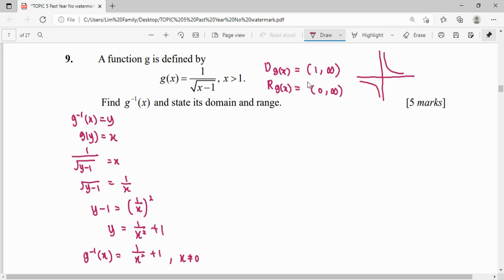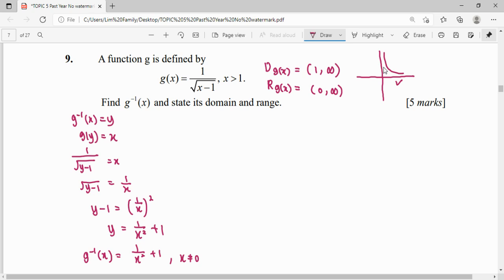But from the beginning of the question, the domain said x is only greater than 1, means they only take this side. So the left hand side part doesn't exist anymore. When we're doing our rational function, we say y cannot be 0, that will be our asymptote. But the left hand side here also doesn't have a graph because of the condition. So that's why the range of the function only starts from 0 to infinity.